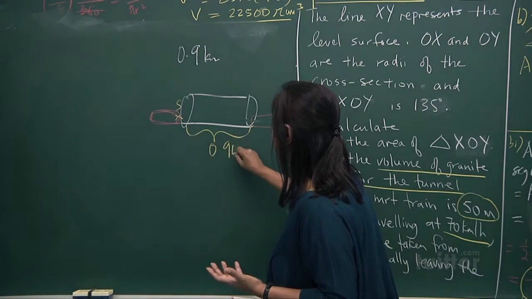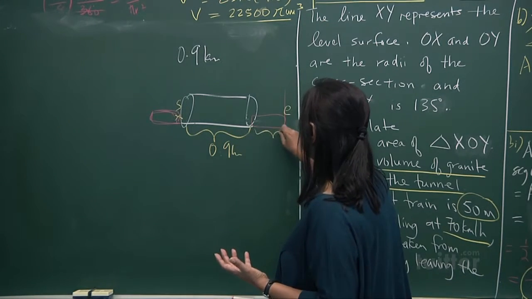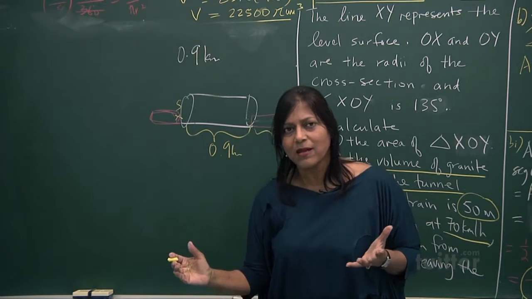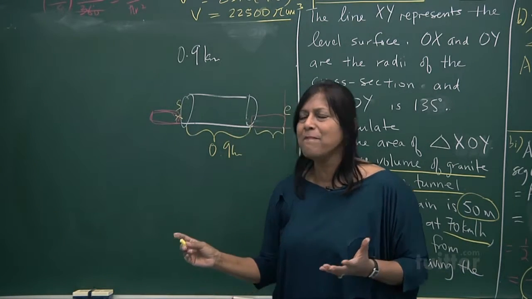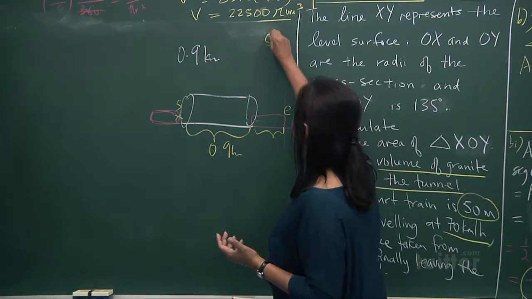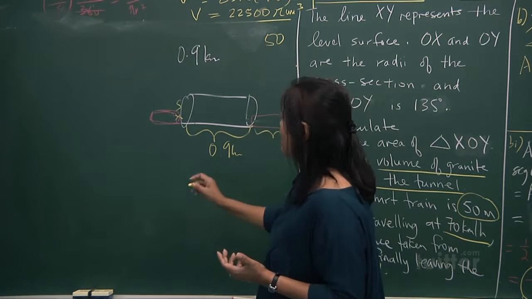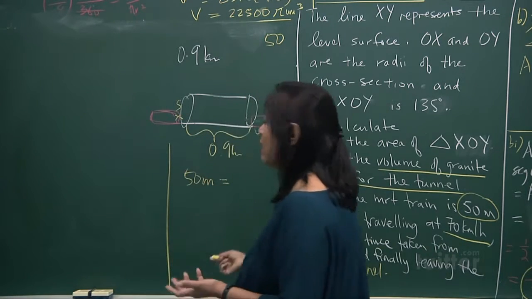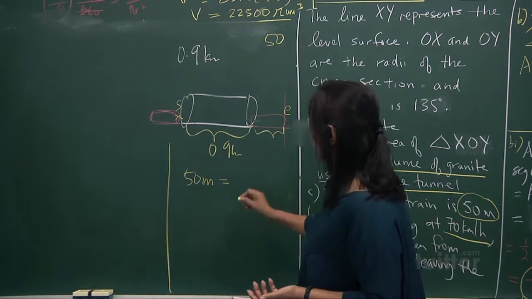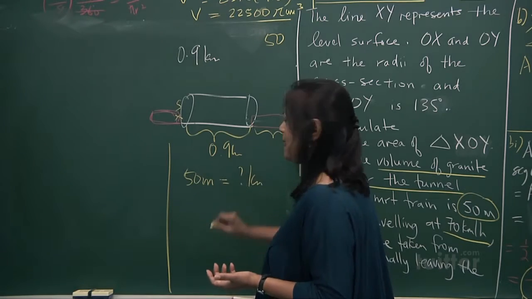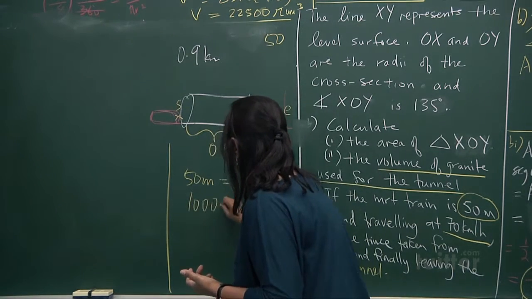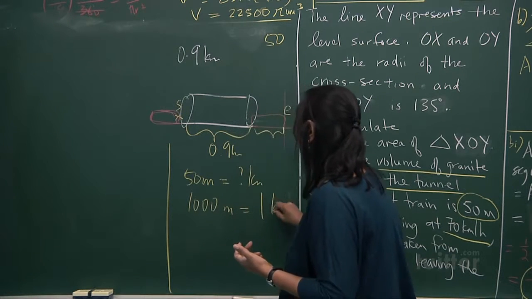So the length of the distance traveled will be from here to here: 0.9 km, plus the length of the MRT, which is 50 meters. Change 50 meters to kilometers. You know that 1,000 meters is 1 km.